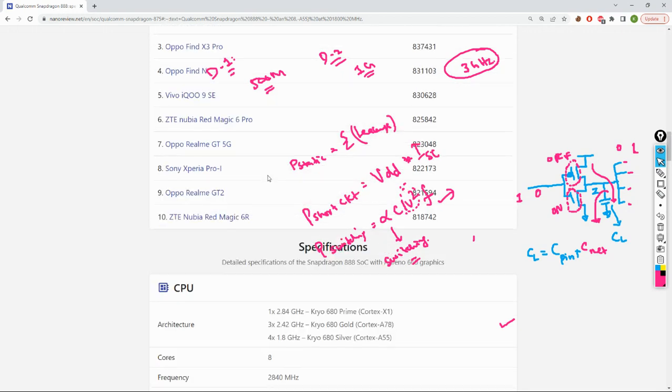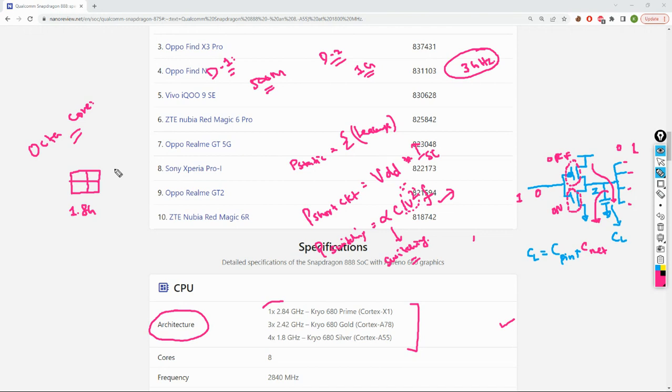See here, the architecture is something people call octa core. This is your octa core configuration, which means 8 CPUs in the chip. Now out of 8, 4 are at 1.8 gig.